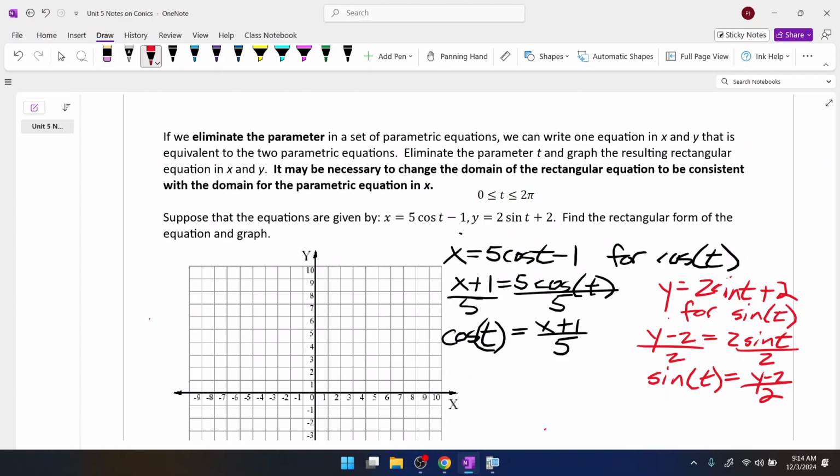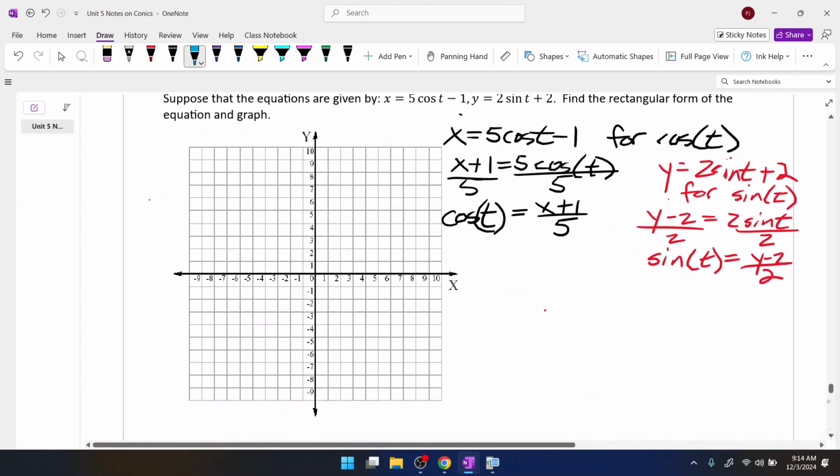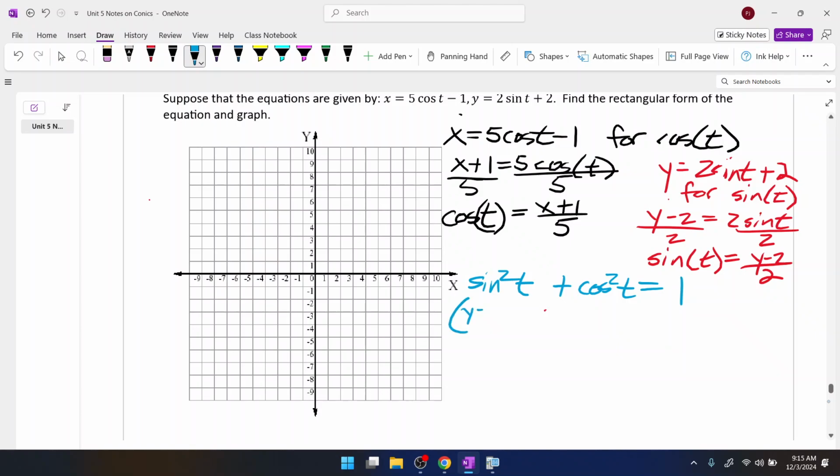Now, you have cosine of t and sine of t. If you remember this equation, sine squared t plus cosine squared t will equal 1. So you're going to replace sine of t with y minus 2 over 2 and square that, and cosine of t, x plus 1 over 5 squared equals 1.